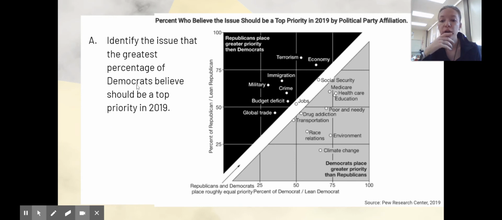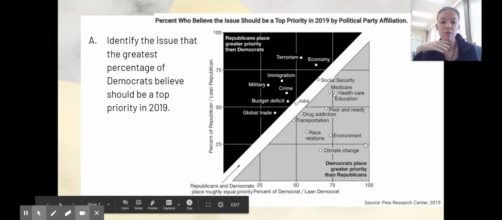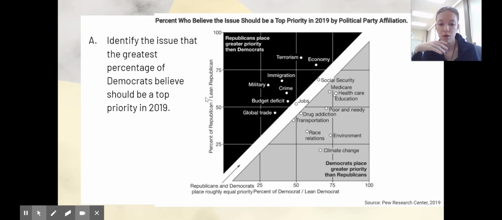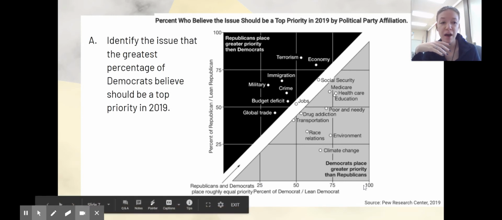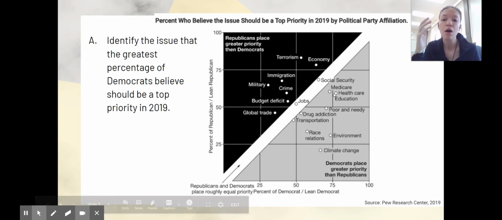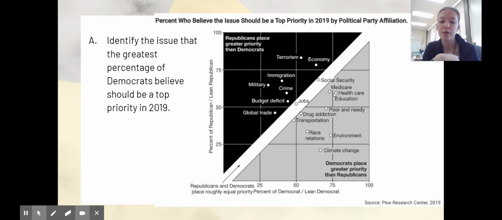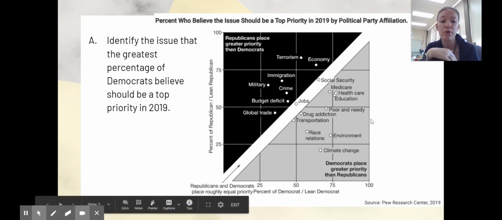When you were looking for your answer, you were looking for Democratic issues. And your Democratic issues are going to be this gray triangle here. Now, what you'll notice on both of the axes are numbers that indicate percentages of how important that issue is for that political party. So you should have been focusing your attention down here.